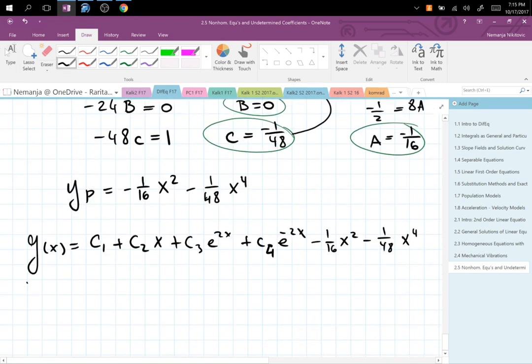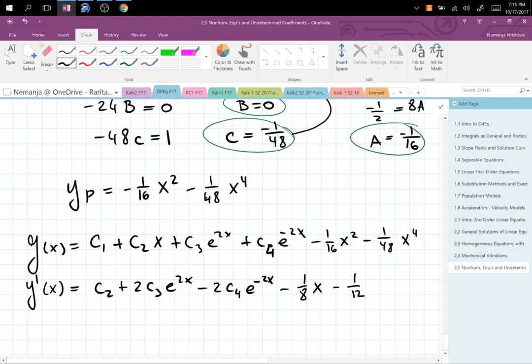So all we need to find is y prime, y double prime, y triple prime. So y prime is C2 plus 2C3e^2x minus 2C4e^(negative 2x) minus, cancel by 2, 1 over 8x, and then 4 minus 1 over 12 x cubed.